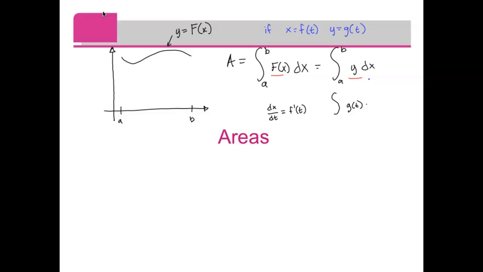So then if I separate the differentials and I multiply dt to the other side, I have dx is f prime of t dt. So that's what I'm going to replace dx with. I'm just going to replace it with f prime of t dt.